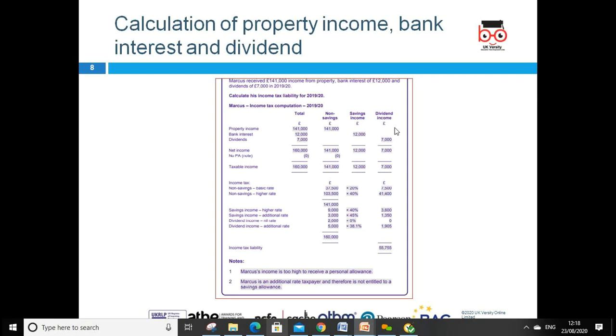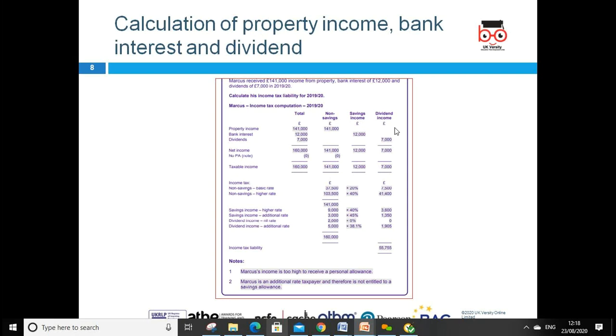Taxable income is 160,000. This is the non-saving income through property, or it can be employment, savings income, and dividend income. Then we calculate the tax at 20% straight away. Then the remaining will be 40% on employment and other income. Savings income is the same, because with a higher tax bracket there won't be any free limit on the savings income, so it will be 40%.